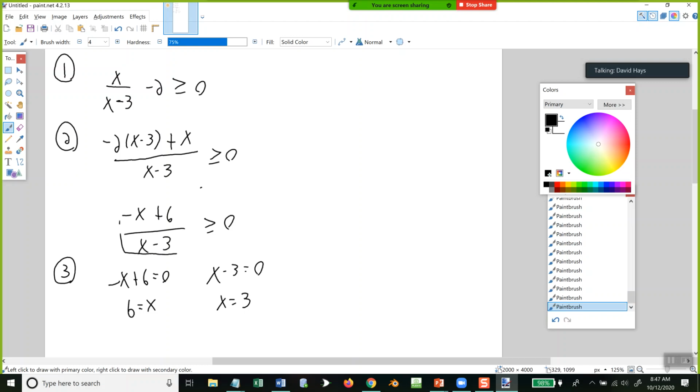Now I'm going to go ahead and get the graph while it's just showing. Again, the key to graphing that is put parentheses around the top, parentheses around the bottom.